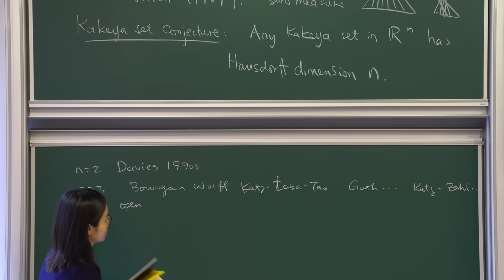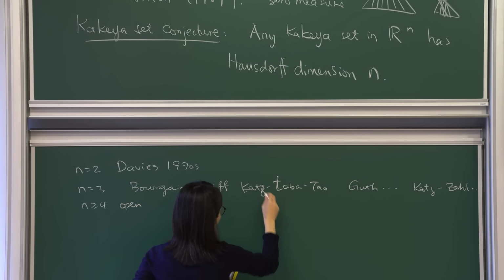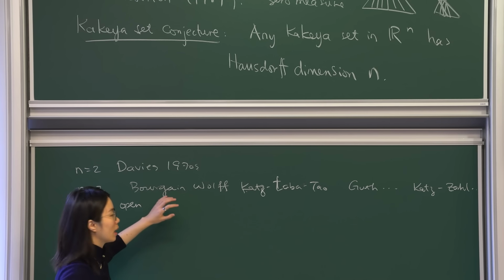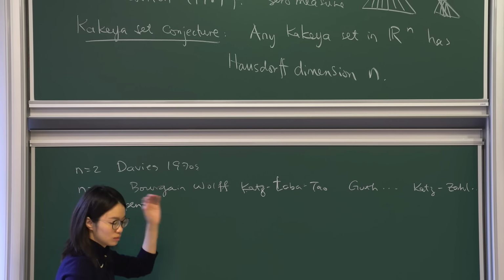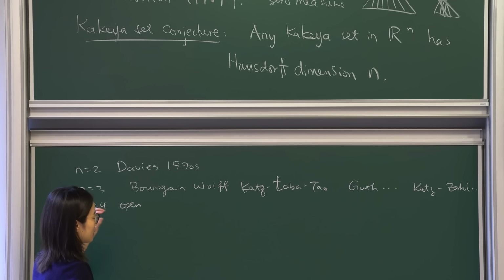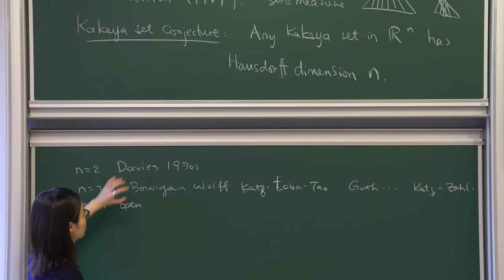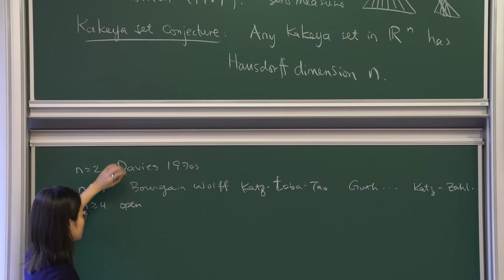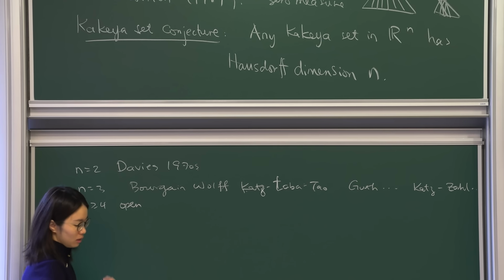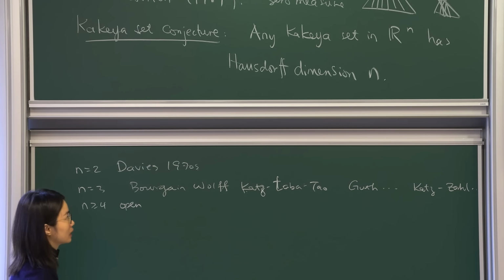As we go through the argument, we'll emphasize which part is influenced by which paper. So today I'm planning to cover the two-dimensional case with an argument due to Córdoba, and maybe begin the sticky case.